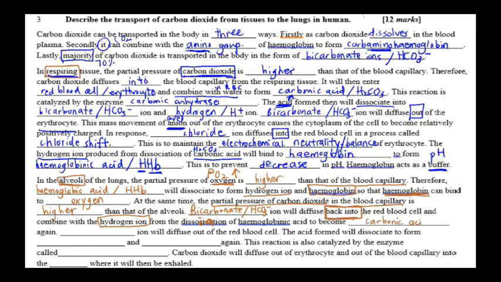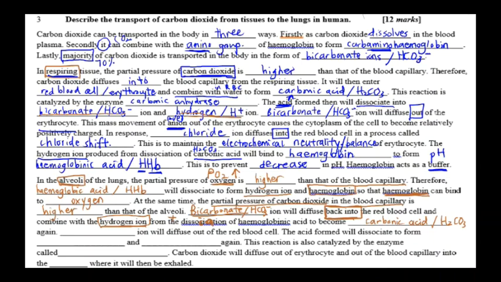Everything is reversed. Just now, carbonic acid dissociated to become hydrogen ions and bicarbonate ions. Now everything reversed. From hydrogen ion and bicarbonate ion, they will combine to form back the carbonic acid, or H2CO3.